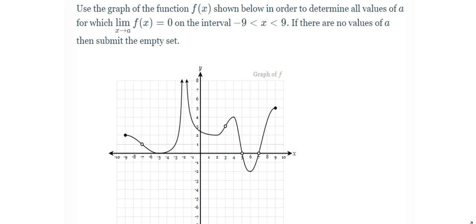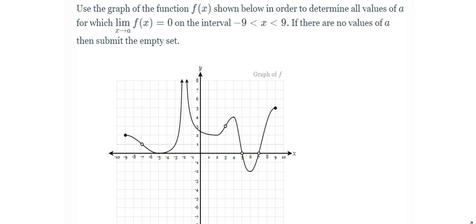So we want to find all of the x's where the limit is equal to 0. That's a y. The limit is 0. If there are no x values in that group, then we say the answer is the empty set. So we are looking for where the limits match, and the limits are equal to 0.